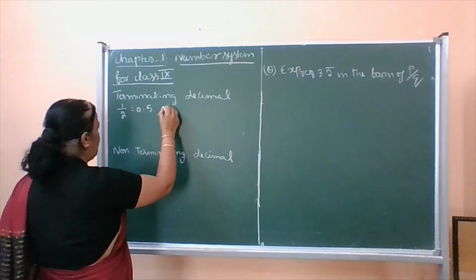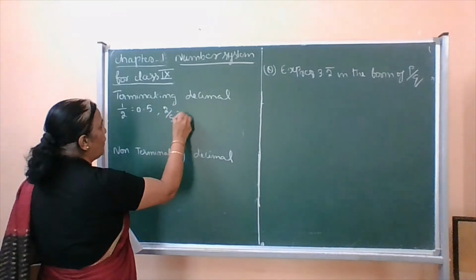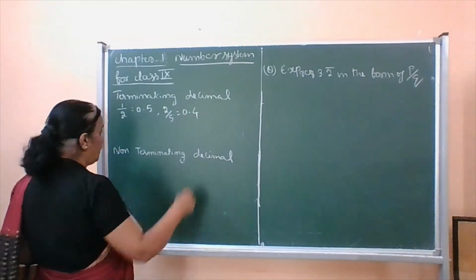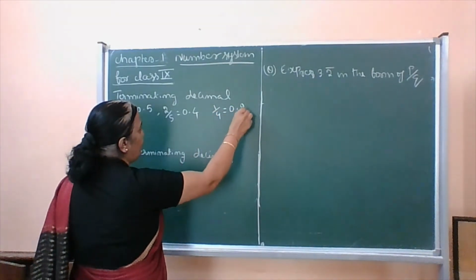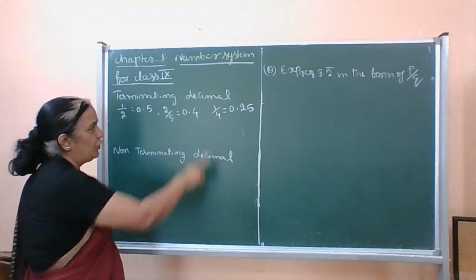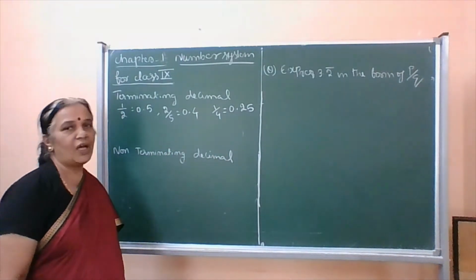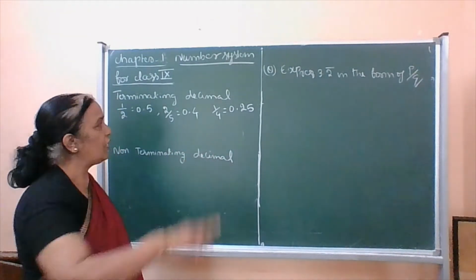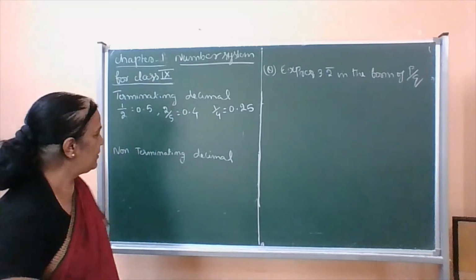If you divide 2 by 5, the value will be 0.4. And if you divide 1 by 4, when you divide 1 by 4, you will get the value as 0.25. Now these are all the examples for terminating decimals.